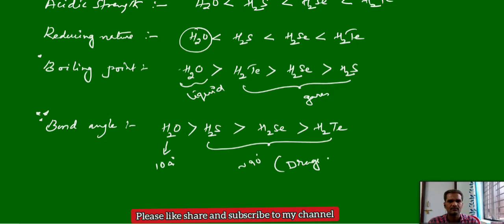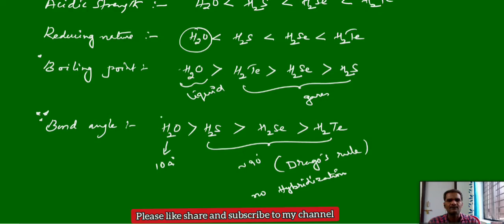Again, the same reason: Drago's rule. What is this? There is no involvement of hybridization. In the case of H2S, H2Se and H2Te, there is no hybridization, so the central atom orbitals behave as pure atomic orbitals only.